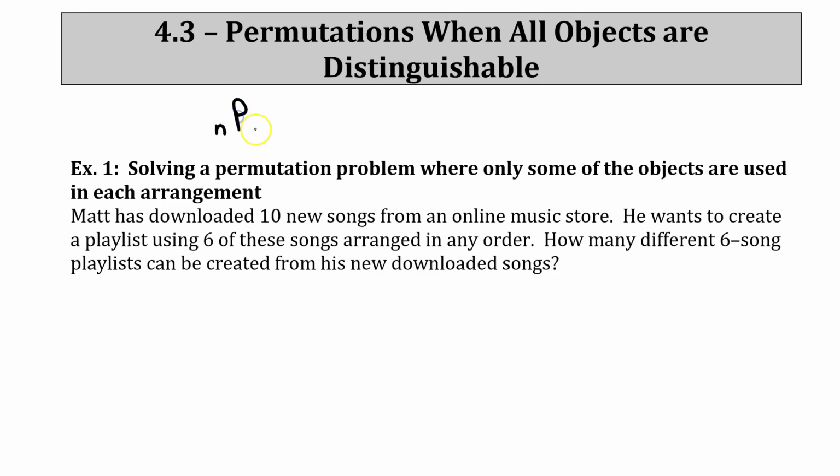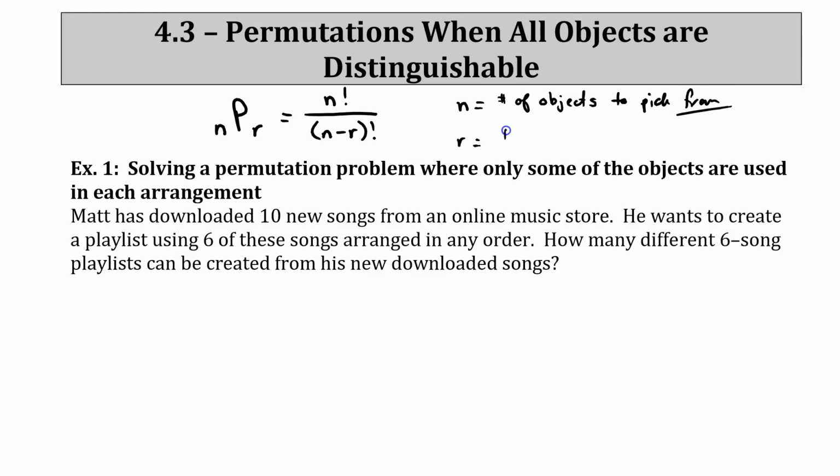nPr, or n pick r, equals n factorial over (n minus r) factorial, where n is the number of objects to pick from. So it's kind of like the pool of objects.